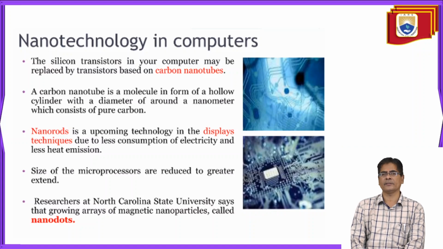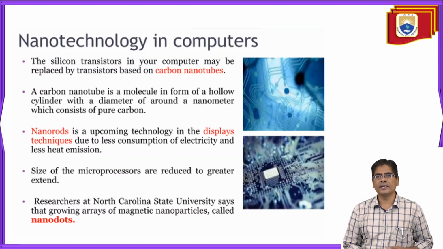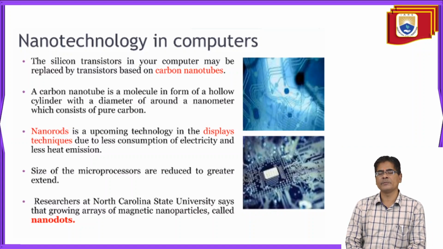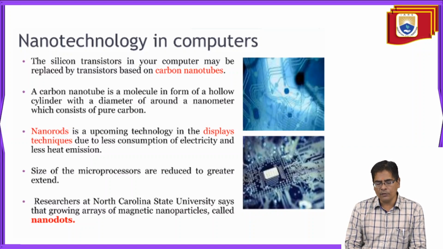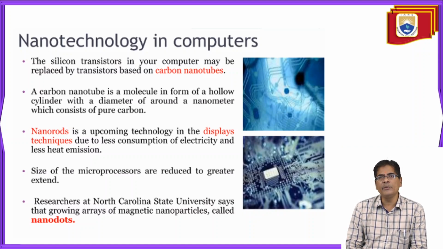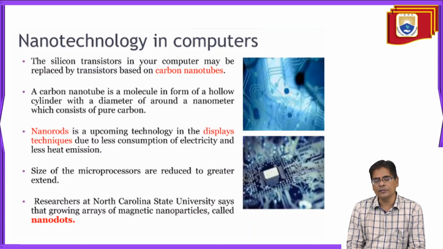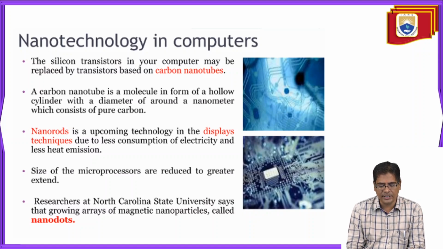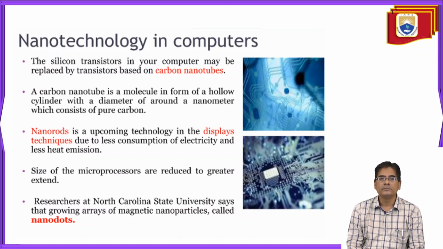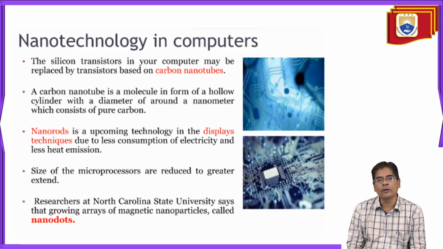A carbon nanotube is a molecule in the form of a hollow cylinder with a diameter of around a nanometer, consisting of pure carbon. Nanorods are an upcoming technology in displays due to less consumption of electricity and less heat emission. The size of microprocessors is reduced to a greater extent.